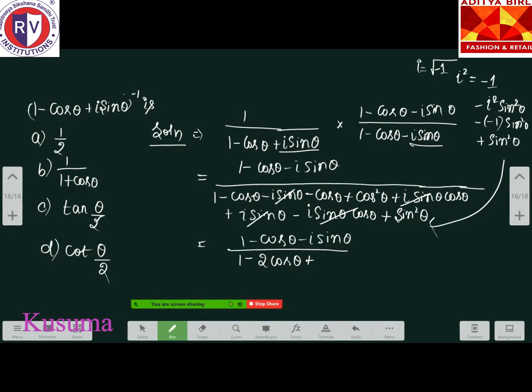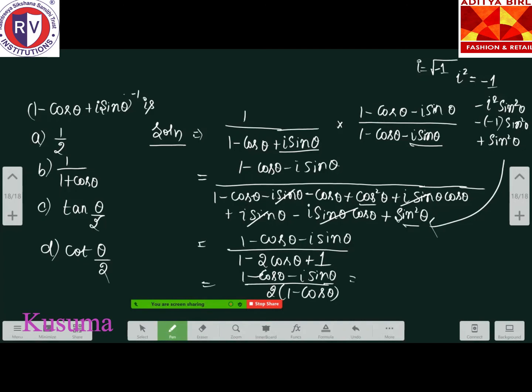So this will be cos theta and one more cos theta, which gives minus 2 cos theta. What is left is cos square theta plus sin square theta, which is equal to 1. So this is 1 minus cos theta minus i sin theta divided by 2 into 1 minus cos theta. Now the question was to find the real part of this.